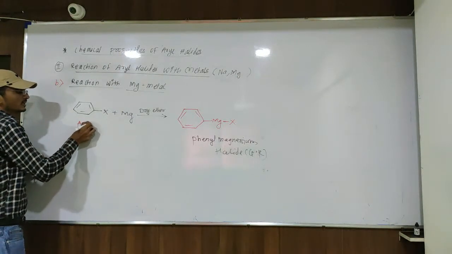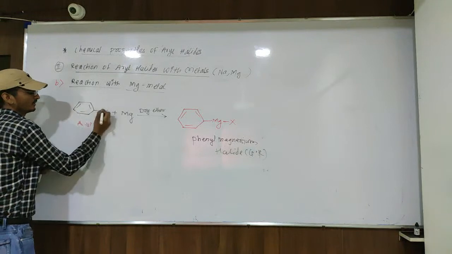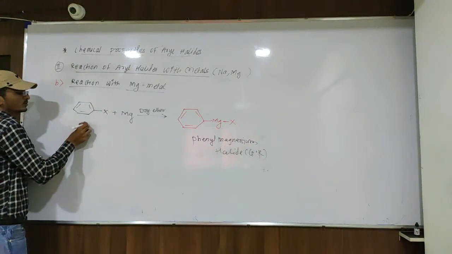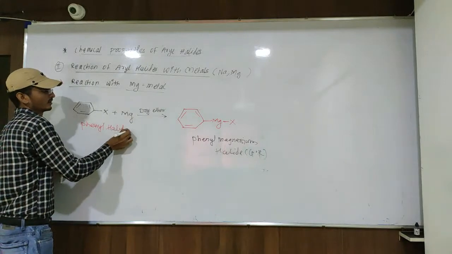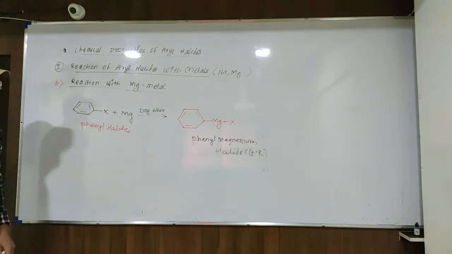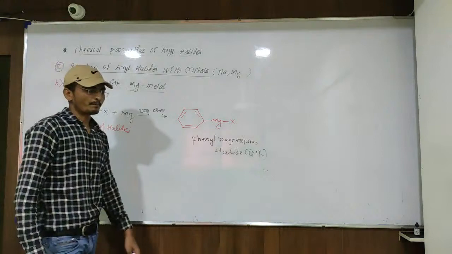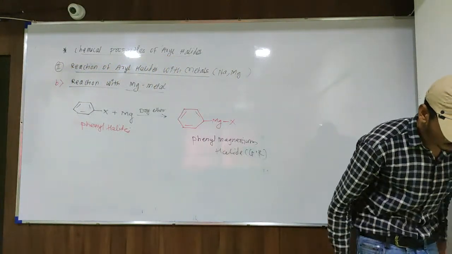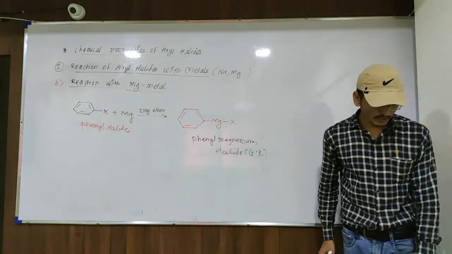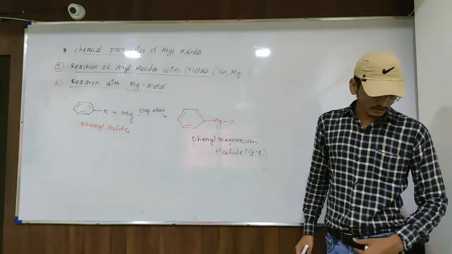So this is nothing but the aryl halides, or you can say the phenyl halides. This is called phenyl. So that is the reaction with magnesium metal, and you will get the phenyl magnesium halide. But there is one drawback of this reaction.